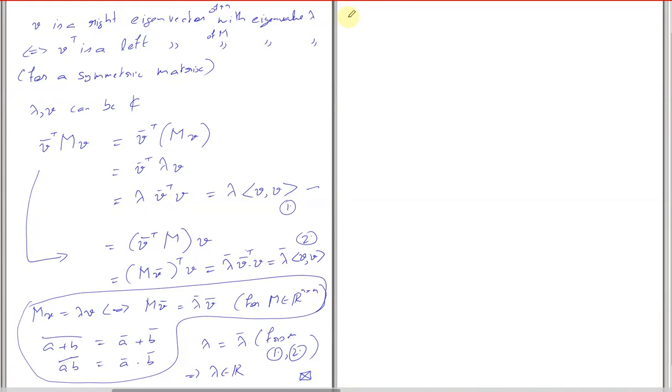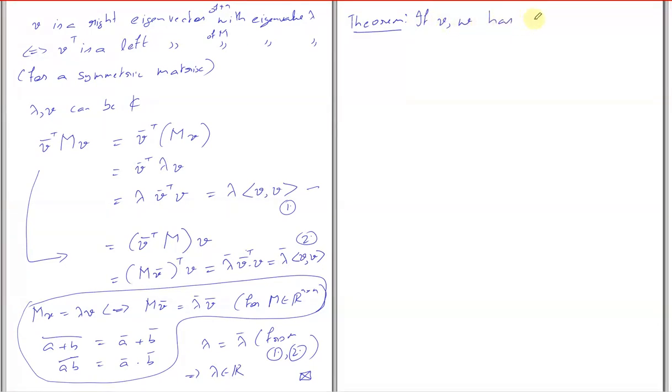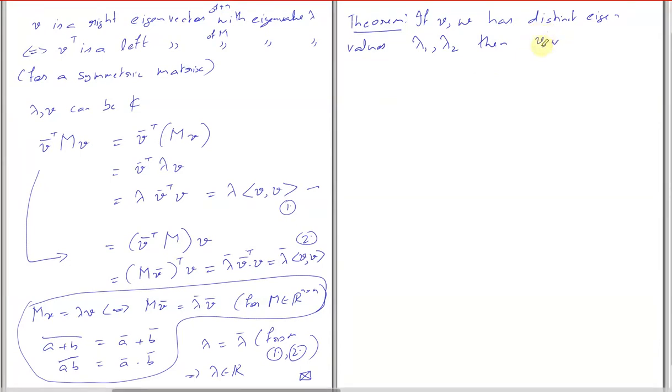So another interesting theorem about them is: if V comma W have distinct eigenvalues, say lambda 1 and lambda 2, then V comma W are orthogonal.